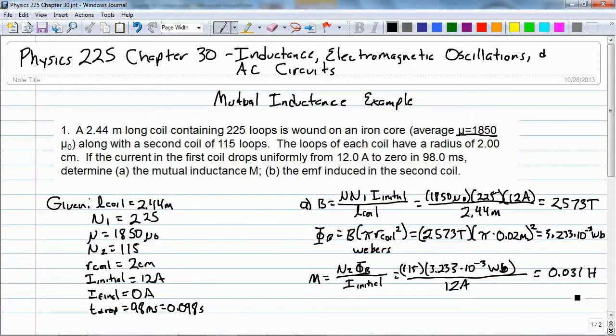That's the unit of inductance. So that's our M value.